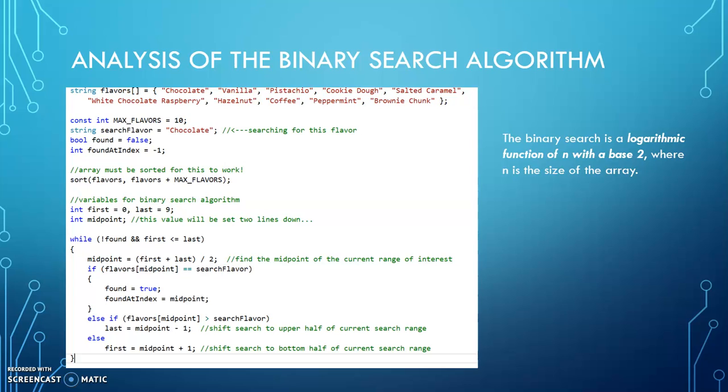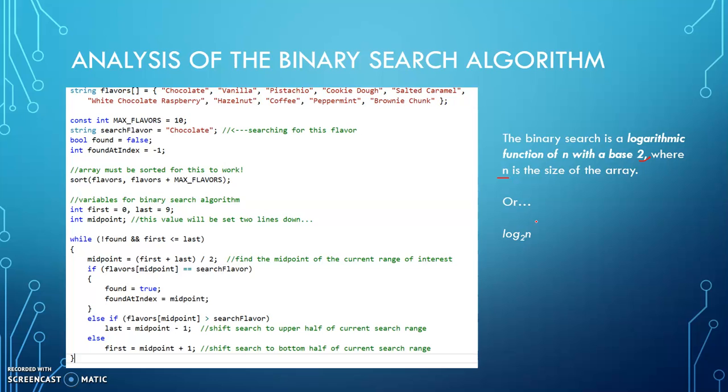Okay, so thinking in terms of mathematical expression of the binary search, the binary search is a logarithmic function of n with a base of 2. Base of 2 because we're always cutting it in half and cutting it in half and cutting it in half. And n, of course, is the size of the array in this case, all right?